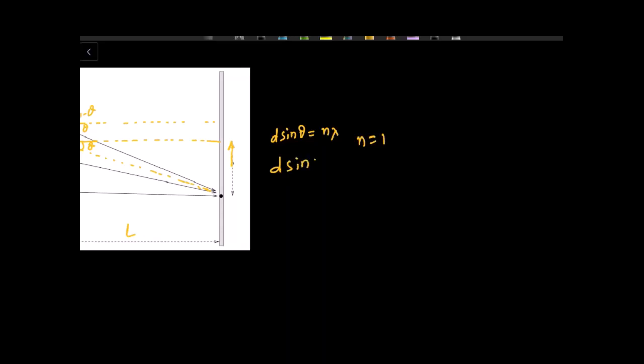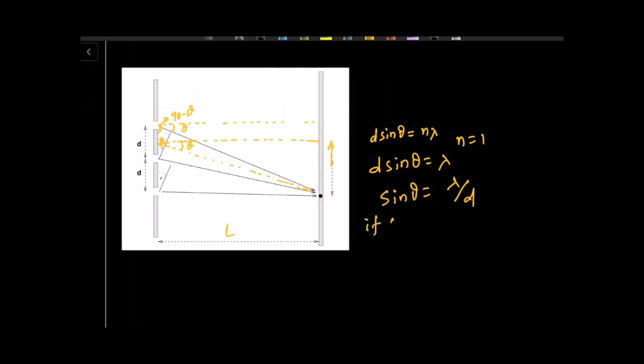So d sine theta is equal to lambda. So sine theta is equal to lambda by d. If theta is very small, in that case sine theta is nearly equal to theta, and it is also near to tan theta.